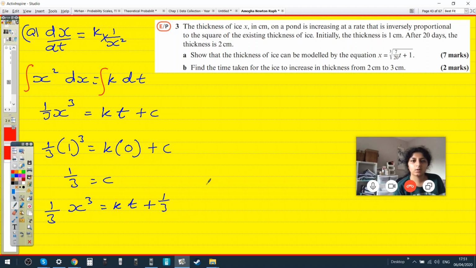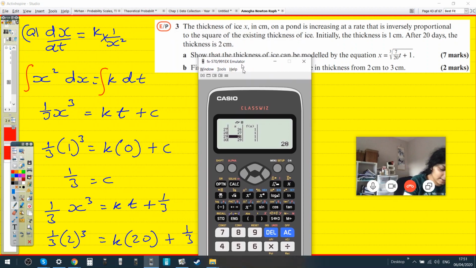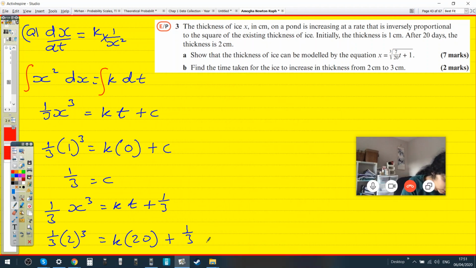Oh, I think you can find what k is as well, because it says after 20 days the thickness is 2 centimeters. So 8/3 is equal to 20k plus 1/3. K is equal to 7/60, apparently.